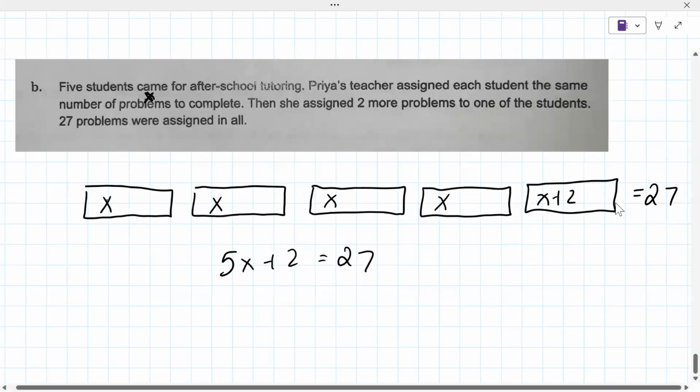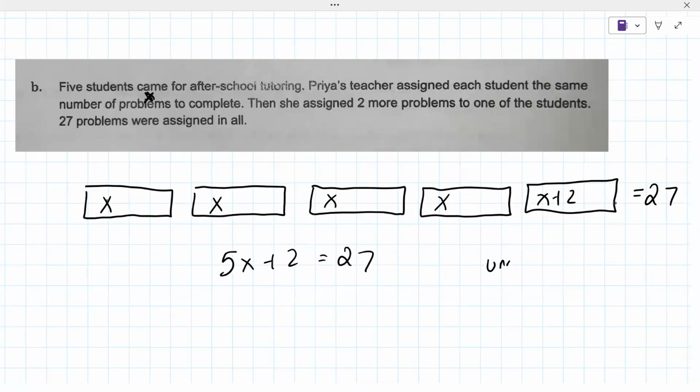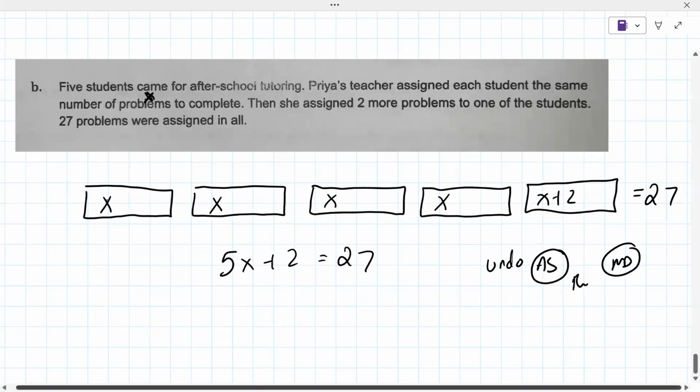So this is a problem like we've been doing up until now. You undo addition and subtraction, and then multiplication and division. Take a minute and see if you can solve this for me. If not, we'll do it together.